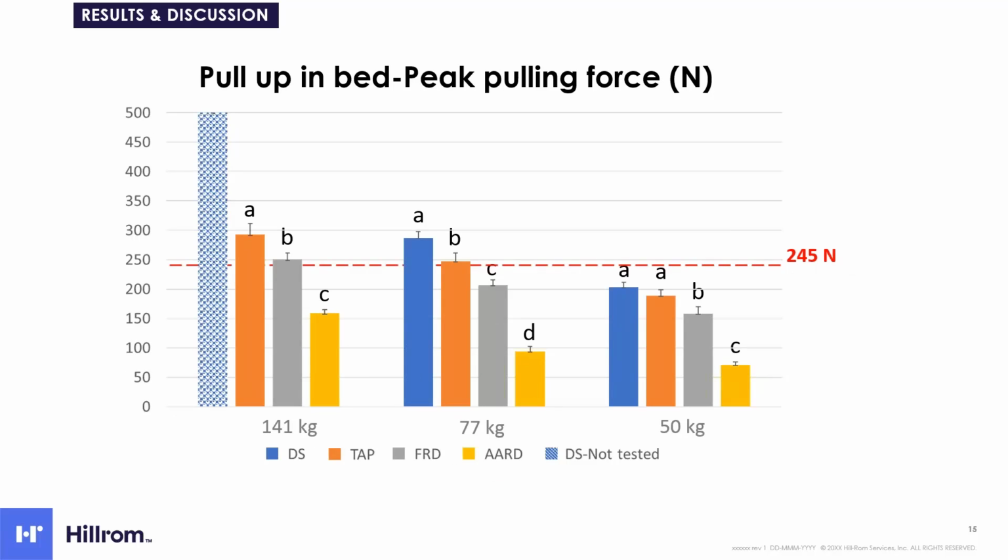Similarly, within each patient weight level, peak pulling force was highest for the draw sheet and the TAP, followed by the friction reducing sheet, and lowest for the AARD. The red dashed line is the 245 newtons injury threshold, as mentioned before.